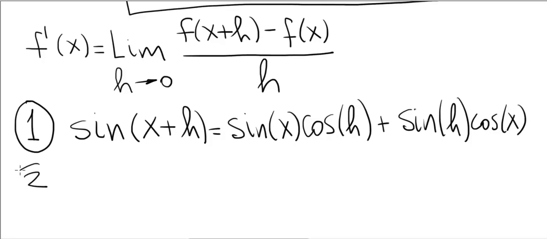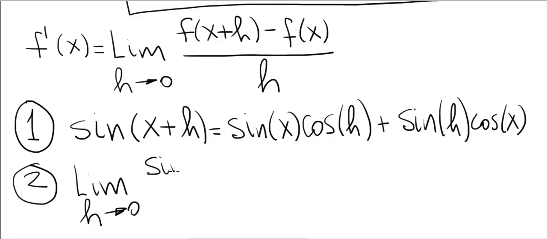The second result we'll need is a familiar one: the limit as h approaches 0 of sine of h over h equals 1. This was shown in an earlier video and we used it many times in other videos.